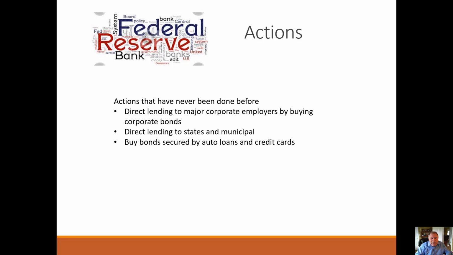Because if a bank or lender wants to issue auto loans to consumers, they need the funds to do that. Okay? So what a bank or lender would do is take a pile of auto loans, package them up, and could sell them now to the Federal Reserve, who would keep them on their balance sheet, thus providing more cash for that lender to make more auto loans. Okay?